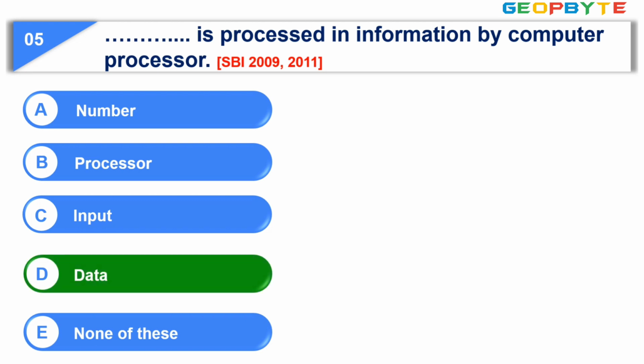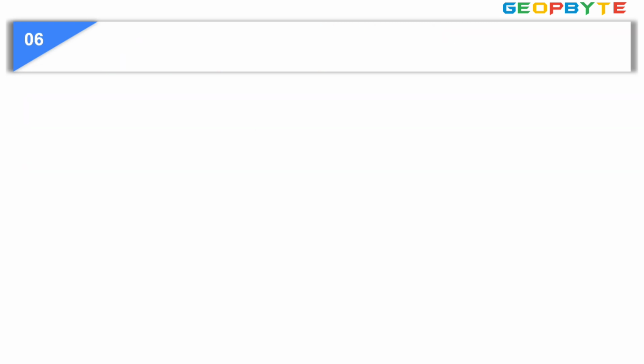And the correct answer is option D, data. Data is processed into information by the computer processor. For a computer, we give the input as data, it is processed by the processor and it will produce information.